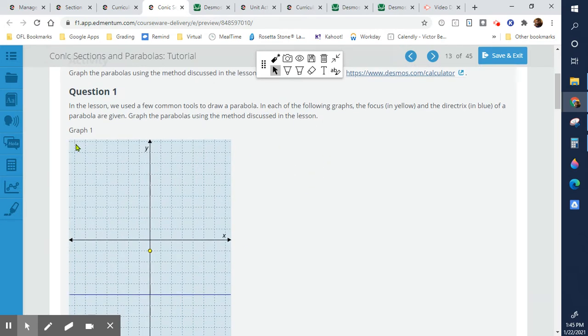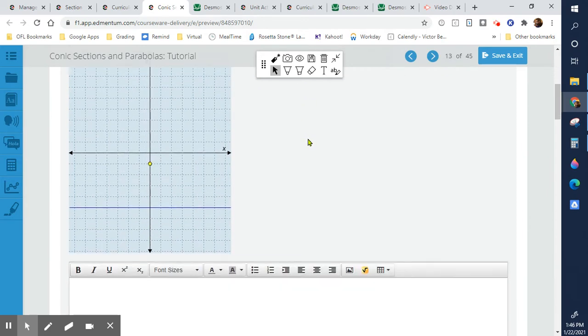In this lesson, we use common tools to draw a parabola in each of the graphs. So we're going to actually use practical tools, but we're going to do it in Desmos. So with the blue line, this is going to be our directrix. Graph the parabolas using the method discussed in the lesson.